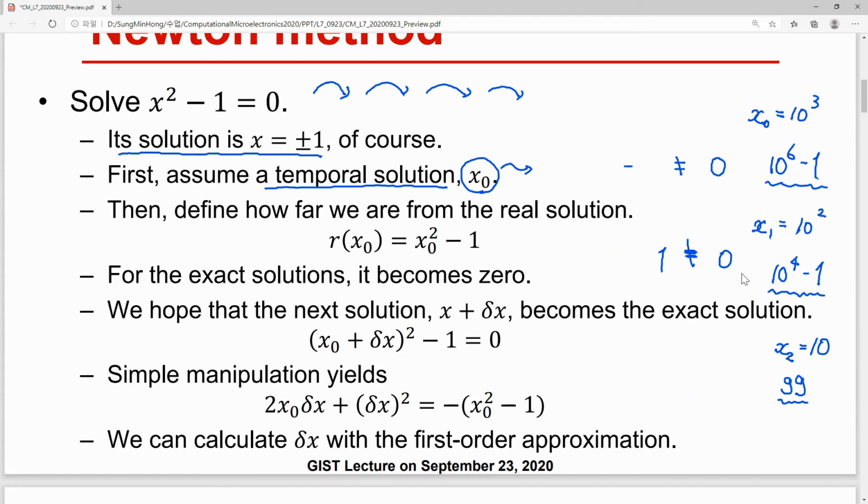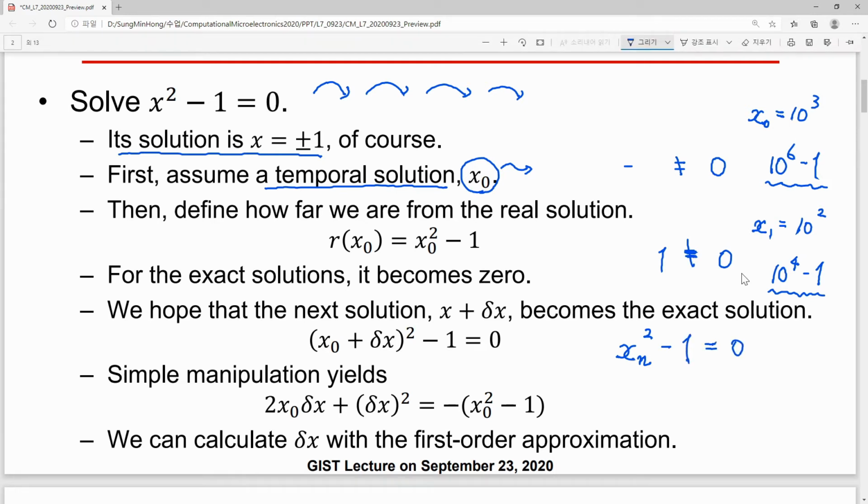Now your goal is, yes, you have a certain temporal solution xn, but it is not good enough. So next time you want to introduce a better solution, xn plus 1, because it is the n plus 1 iteration, and you hope that this one satisfies the equality.